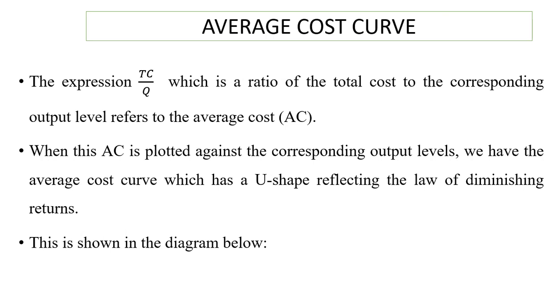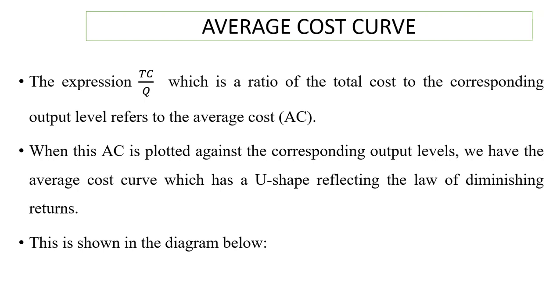So let's look at the average cost curve. The expression total cost over output gives us the average cost. When this average cost is plotted against the corresponding output levels, we have what we call the average cost curve. And this average cost curve also has a U shape.